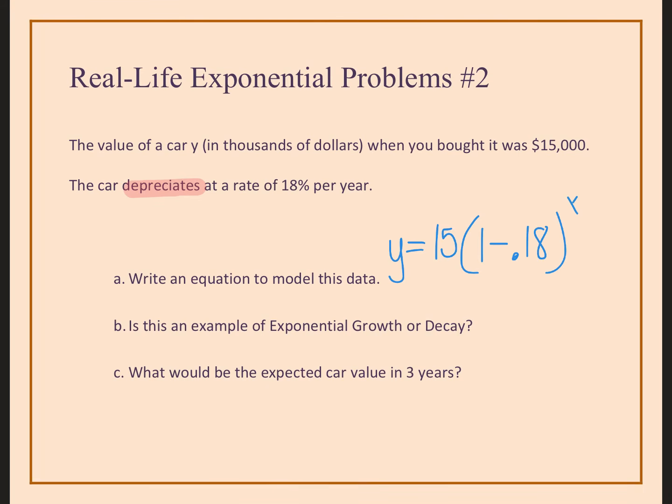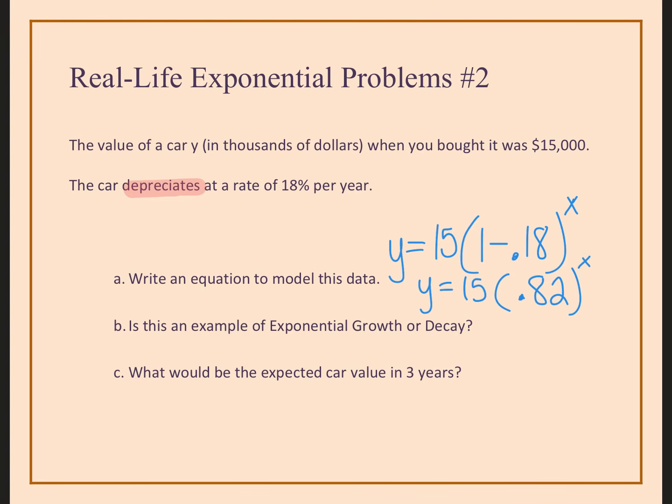And we're going to raise it to the number of years. So we can take this one further, and 1 minus 0.18 is 0.82. So every year it retains 82% of the value. So either the 1 minus 0.18 will work, or you can simplify that to 0.82.